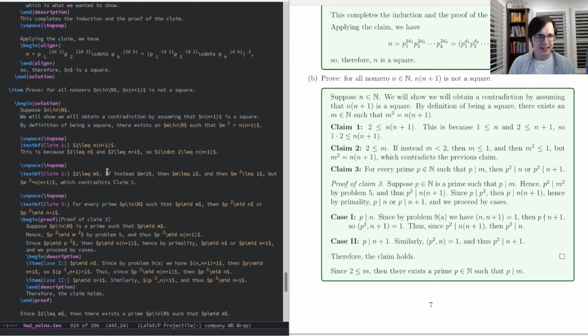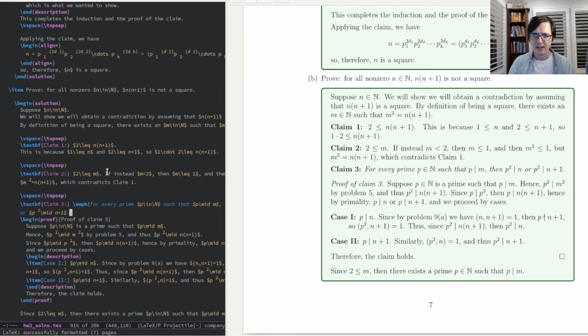Also, to make this look like a theorem, usually theorems are italics. Okay. We've got this claim: for every prime, the square divides one of the two. Is that enough?